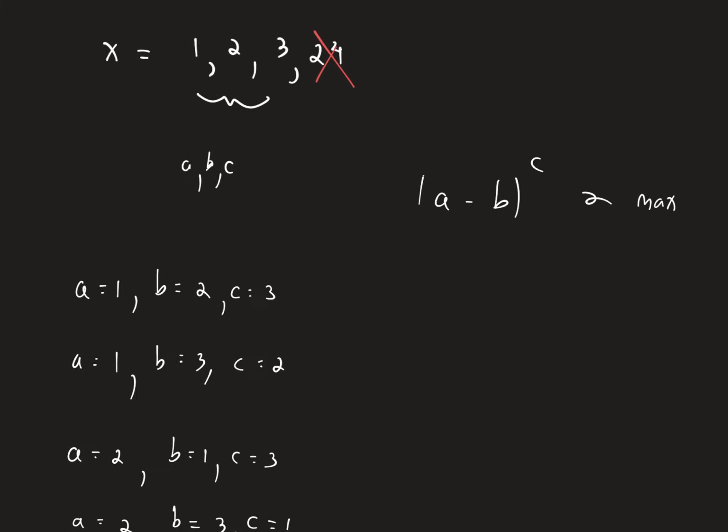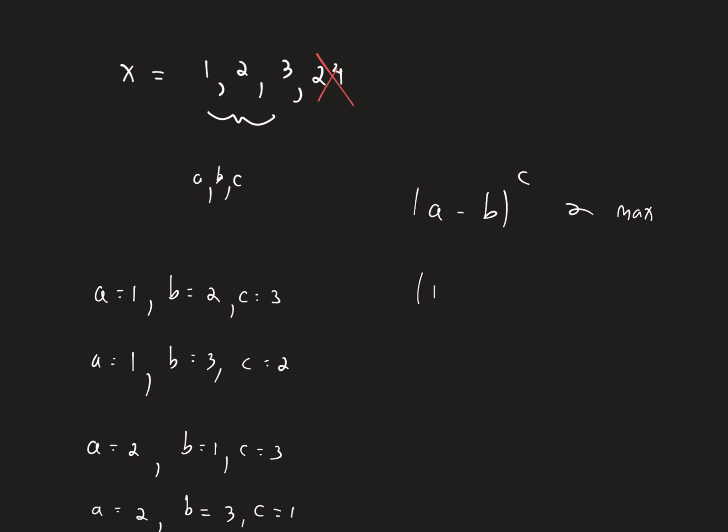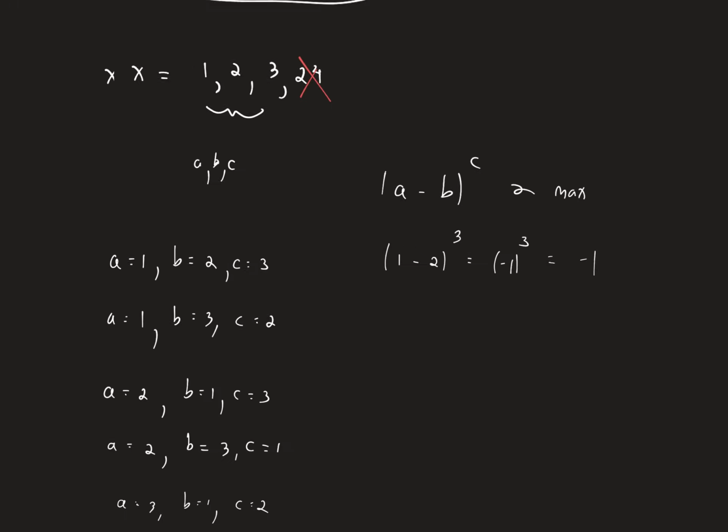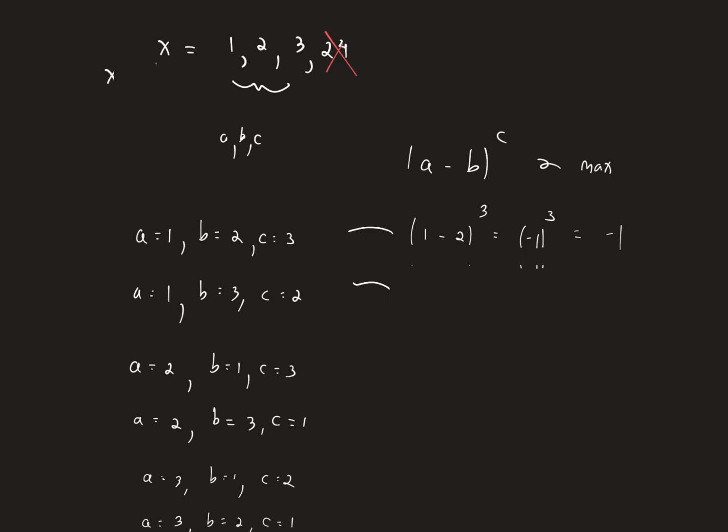So the first case, the value is 1 minus 2 to the power of 3, which is negative 1 to the power of 3, which is negative 1. The second case here, 1 minus 3 to the power of 2, which is negative 2 to the power of 2, which is 4. So the first case here is gone since it is less than the second case.